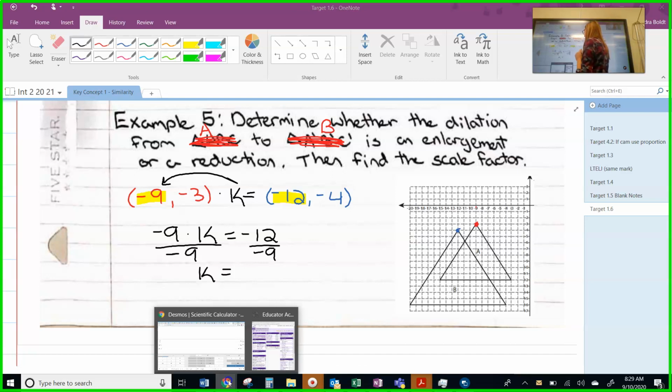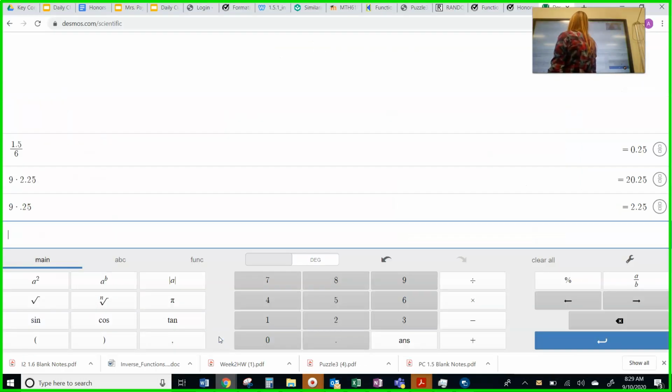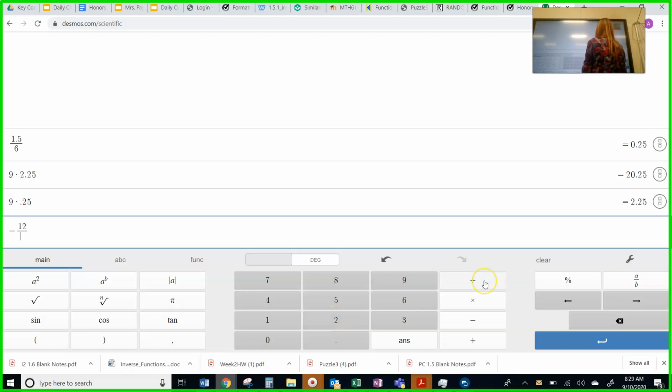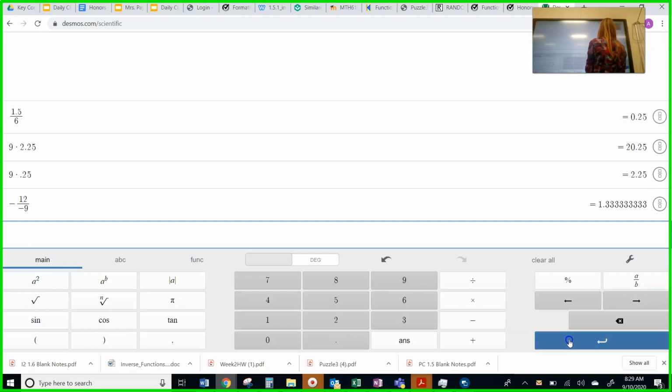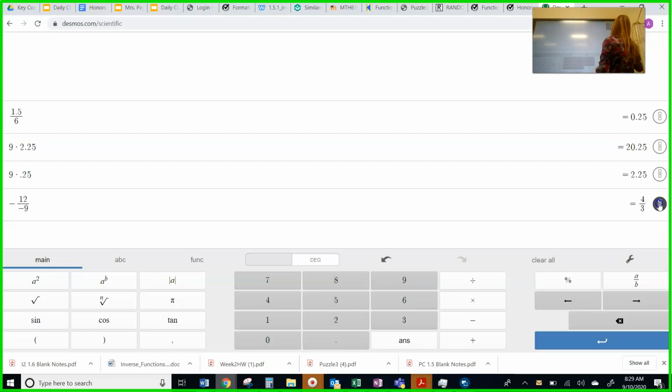Using my Desmos, divide by negative 9. And that equals 1.33333 repeated, or you can put it as a fraction, 4/3.